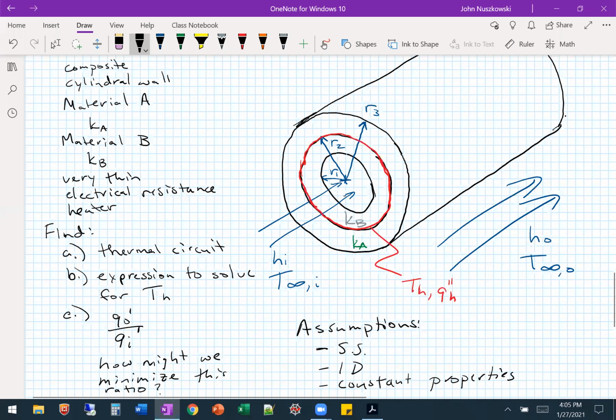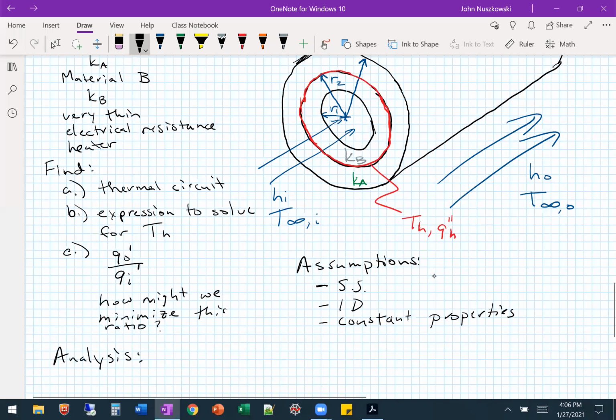And then there's one more. What's the last one? Negligible contact resistance. We can include contact resistance, but in this one it's negligible. But there's one more thing so we can do a thermal circuit: negligible thickness of the heater, and no energy generation.